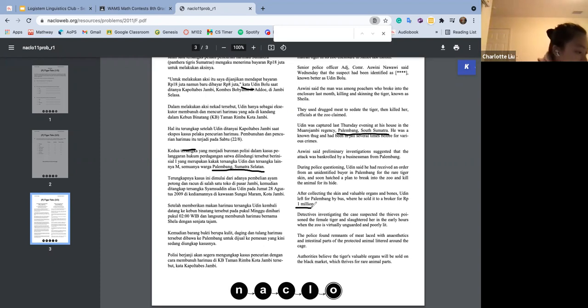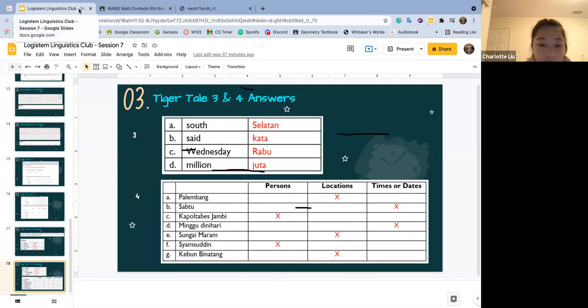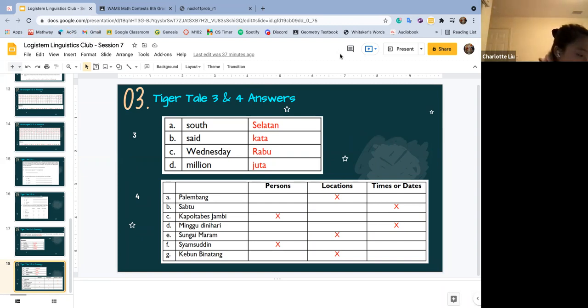So then lastly we have part 4. So we just have to find if it's either a person, location, or time or date. So the first one, Palembang, is a location because you can just tell that from the English translation.